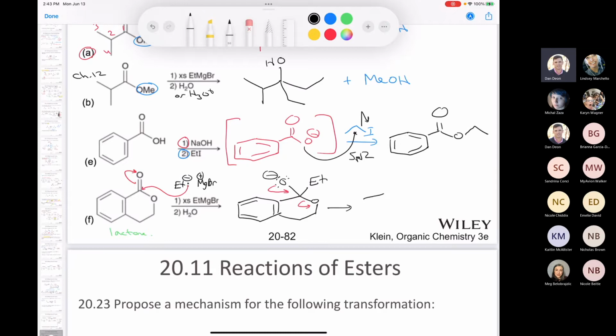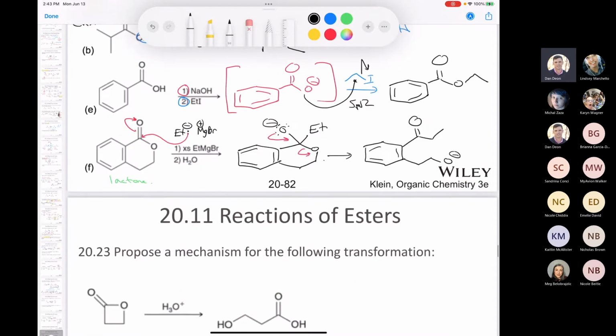I'm going to run out of space, aren't I? So we end up with this, where we have 1, 2, and then we have our alkoxide over here. And then you have this ethyl ketone over here. So then the ketone is susceptible to a second nucleophilic attack by a second equivalent of the Grignard. And then after successive proton transfers, you'll have to forgive me because I'm kind of running out of space here.